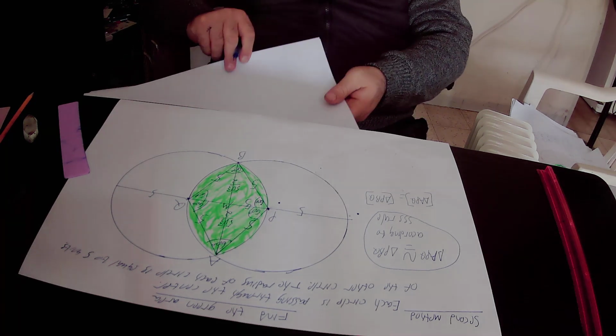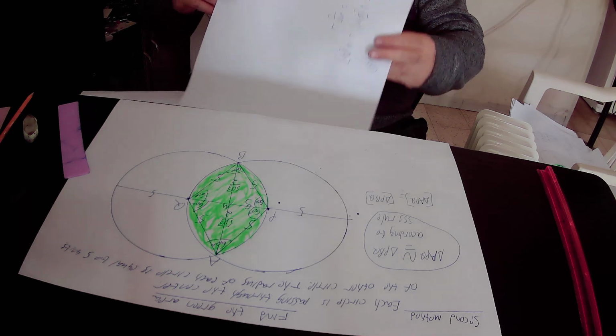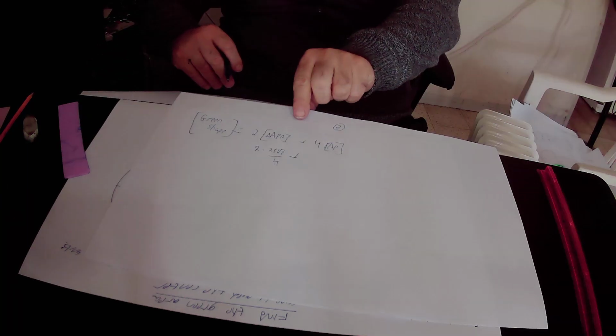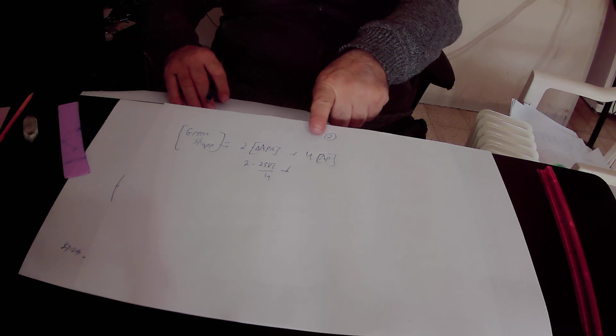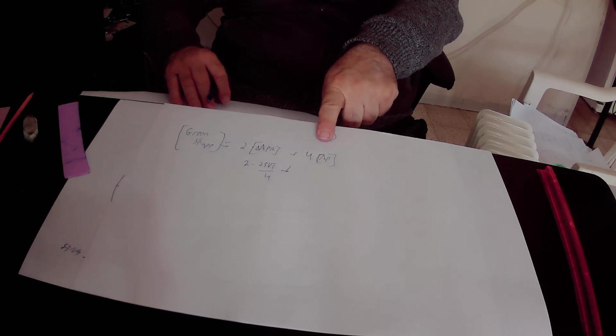I'll repeat again. The area of the green shape equals 2 times the area of the equilateral triangle APQ plus 4 times the area of segment AP.